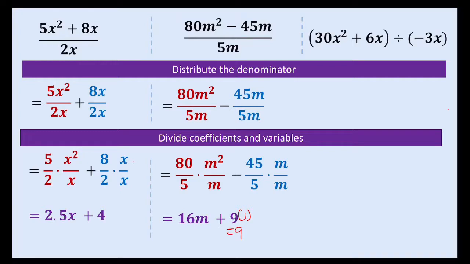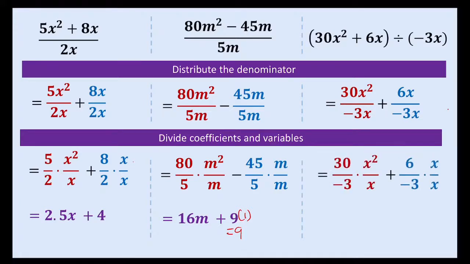This next problem here, it's not stacked, but it's still the same thing. We have 30x squared plus 6x divided by negative 3x. So I stacked it here for you. And then we have 30 divided by negative 3. So how many negative 3's fit into 30? We're going to say negative 10 of those.